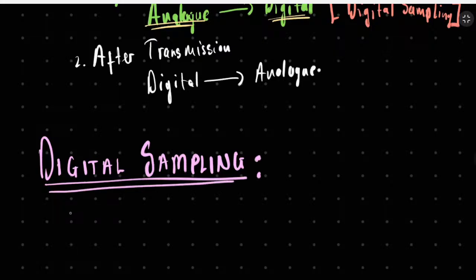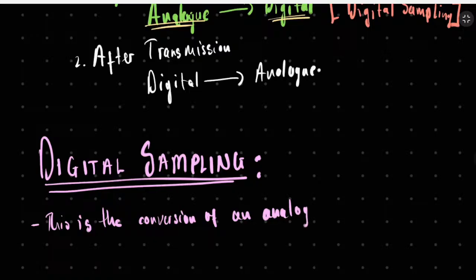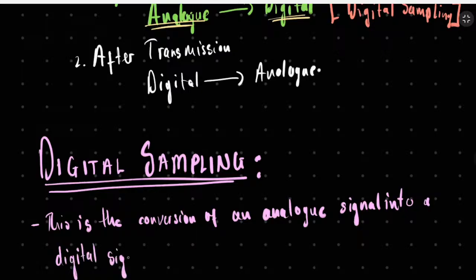Write that this is the conversion of an analog signal into a digital signal. How do you convert it?